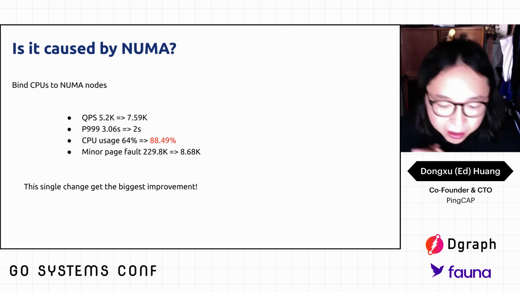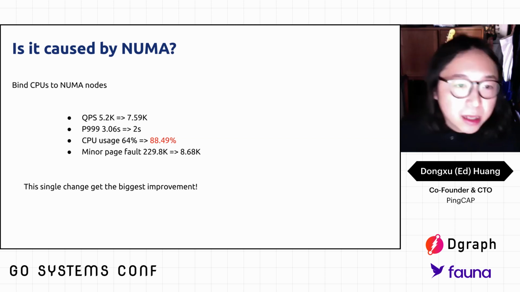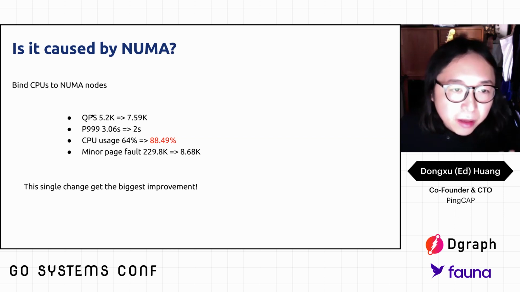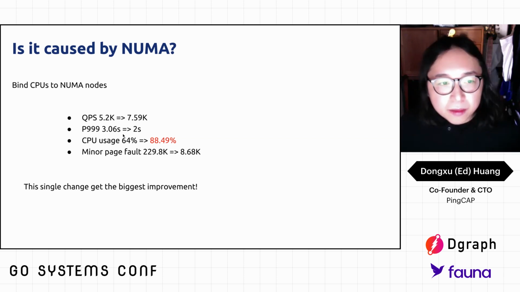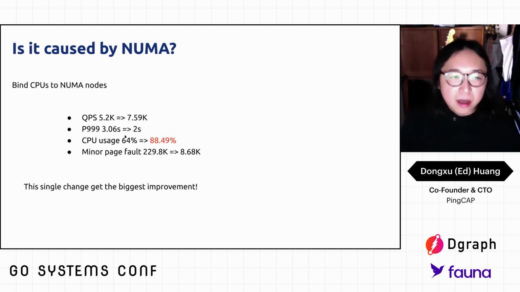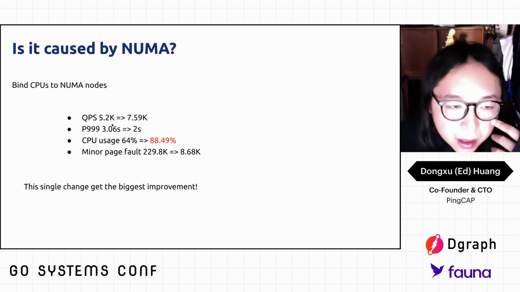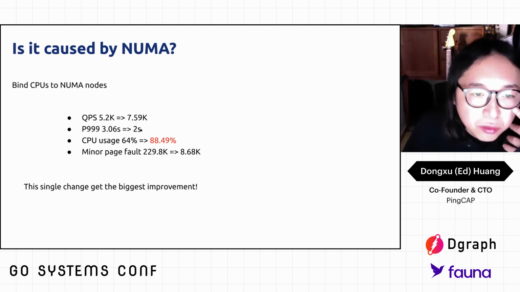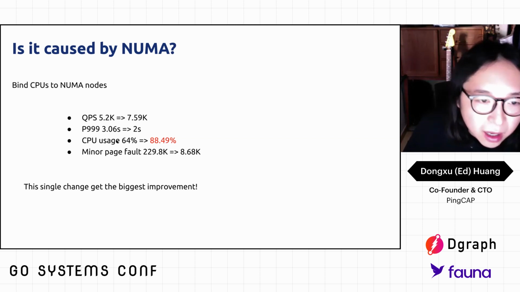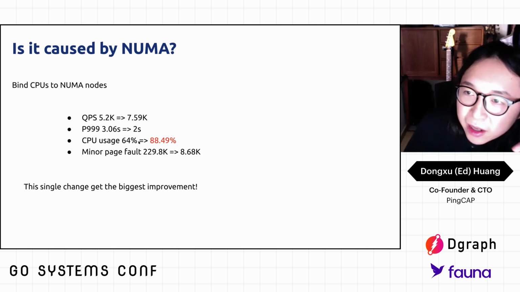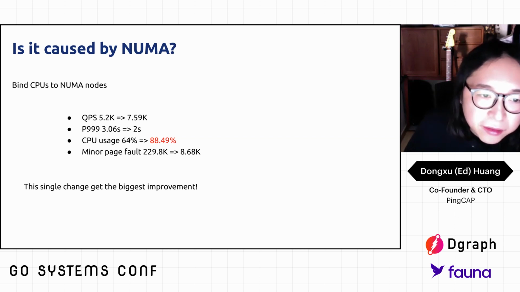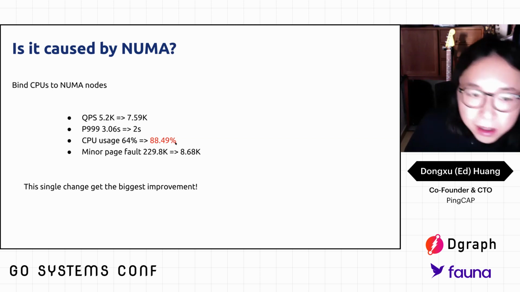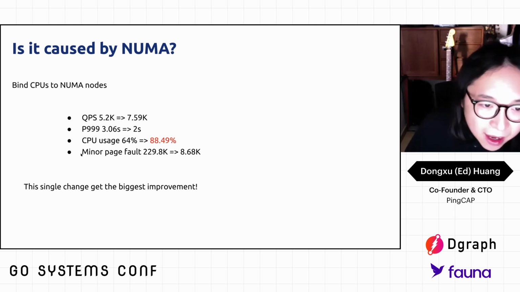That works really well. The QPS is much higher. You can see it jumped from 5K to 7K, the P99.9 latency went down to 2 seconds, and the CPU usage significantly improved from 64% to nearly 90%.